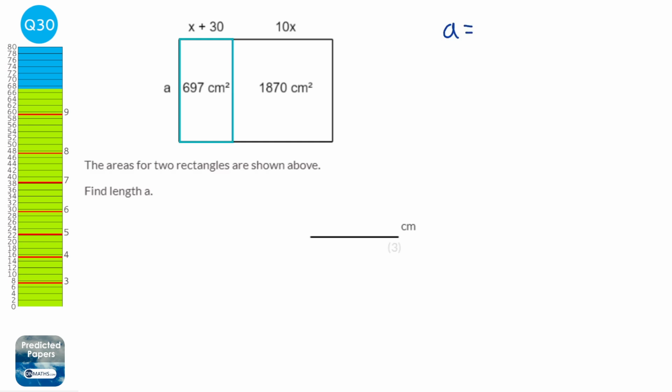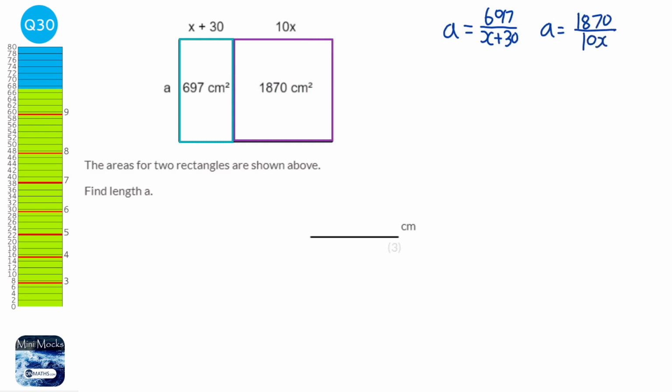And A will be equal to the area, which is 697, divided by the length at the top, which is x plus 30. Now let's focus on the other square, or the other rectangle. And this time we have A equal to the area of it, which is 1870, divided by the 10x.